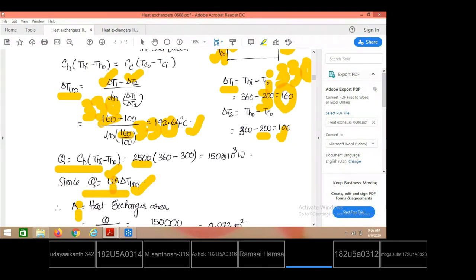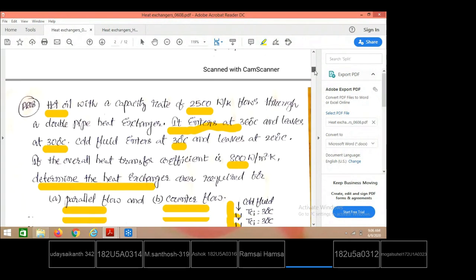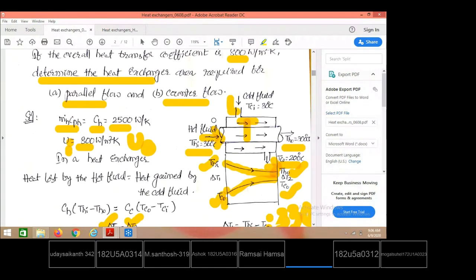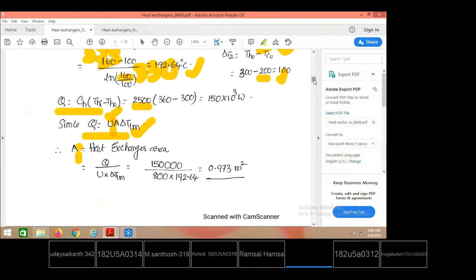The heat capacity of the hot fluid is given as 2500. That is also equal to CC into TC naught minus TCI. All things are known here, and Q is calculated as 150 into 10 cube watts. In this relation, Q, U and delta TLM are known, so the parallel flow heat exchanger area can be calculated.